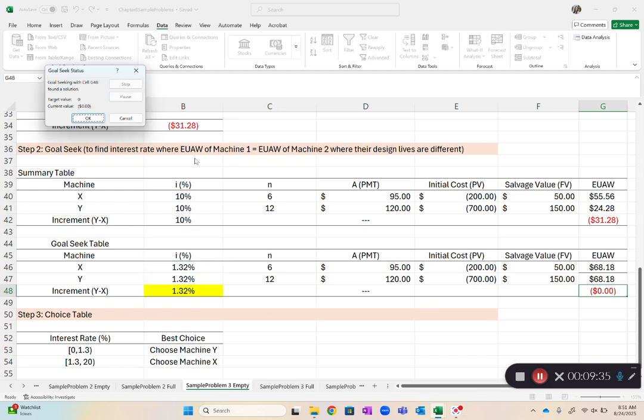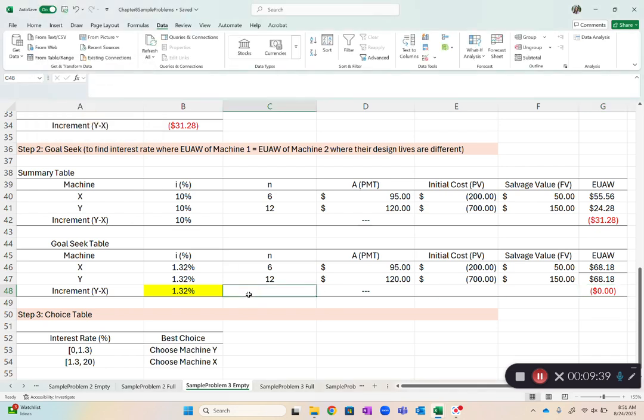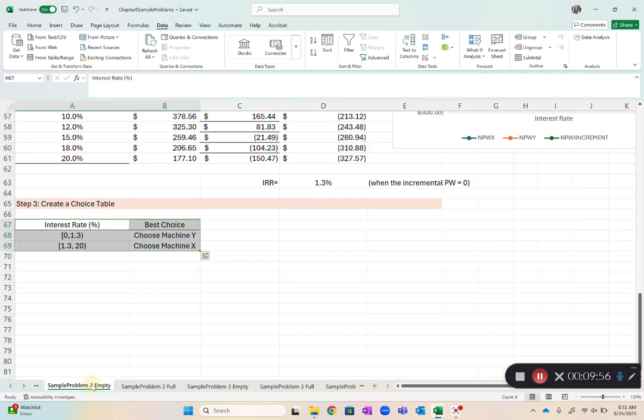Okay, so that ran really fast, right? Much faster than I could do it, even by interpolating. It tells me at an interest rate of 1.32%, these two machines have an equal equivalent uniform annual worth. If you remember from our previous example, that was the same value.